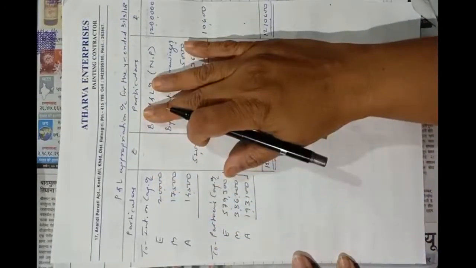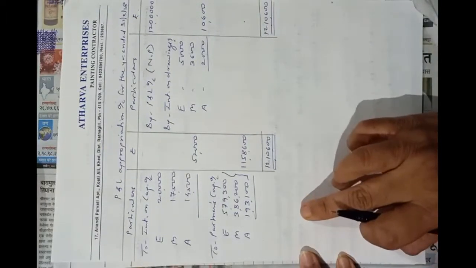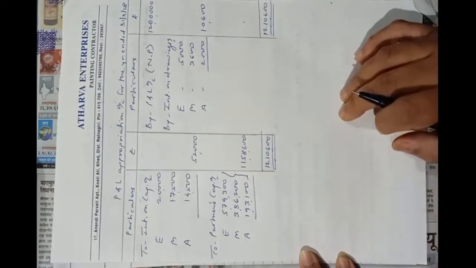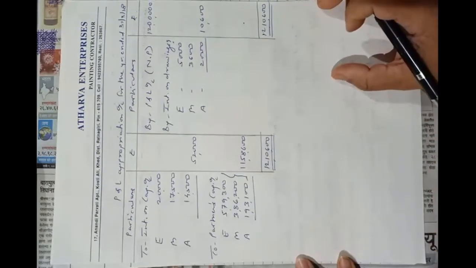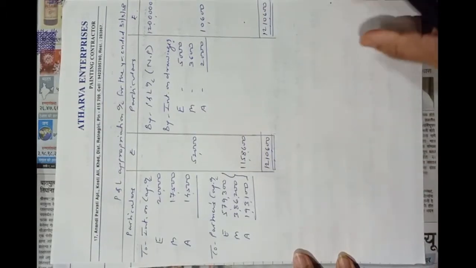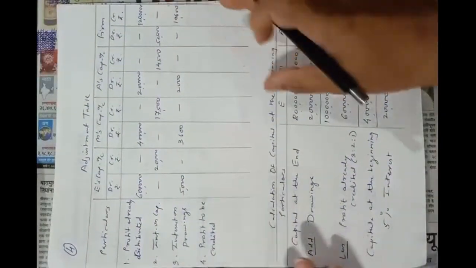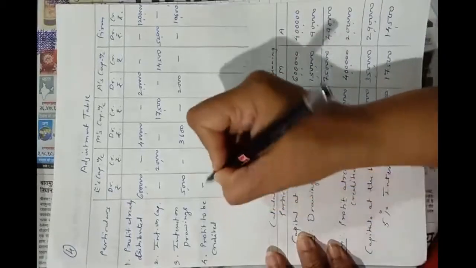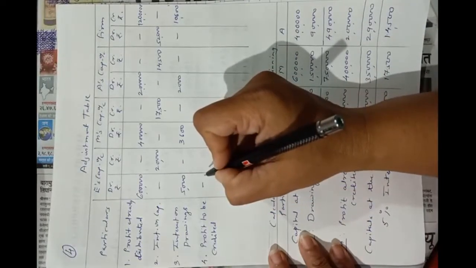Instead of preparing profit and loss appropriation account, we can calculate directly, like net profit, add interest on drawings, from that total deduct, means less, total interest on capital, then we will get this amount, and then we have to distribute this amount between the partners. So now this correct profit we have to give back to the partners. So here this profit to be credited to their accounts.